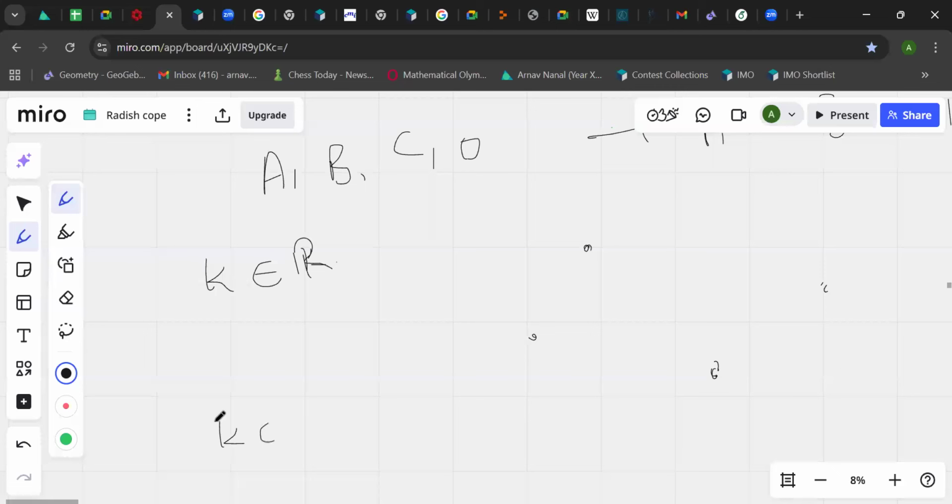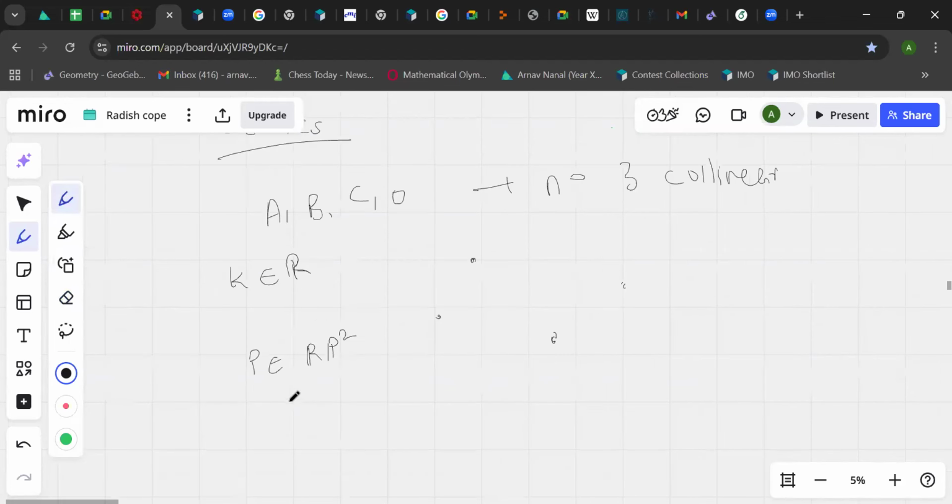Then the conic is the set of all points P in the projective space, RP squared, such that (PA, PB; PC, PD) equals k.